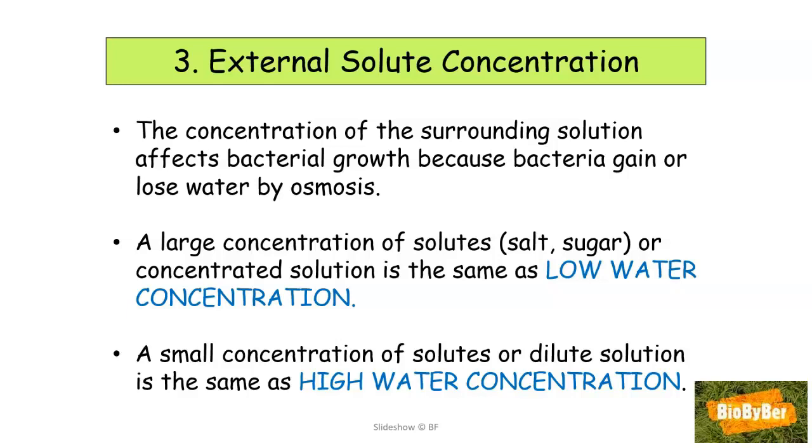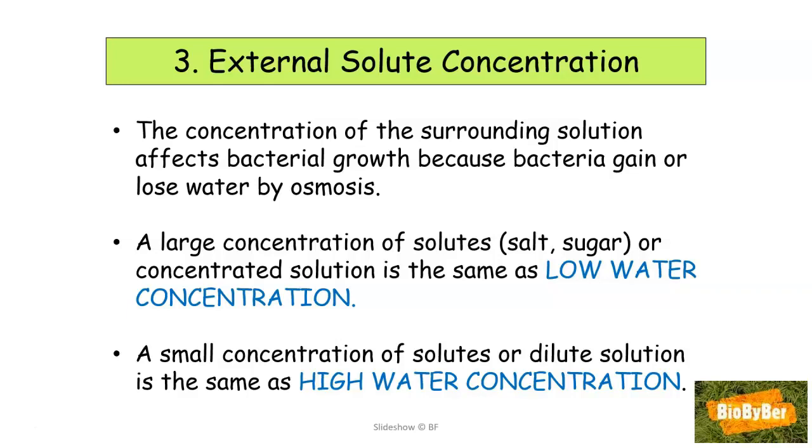Now, we need to be very clear here about our terminology. It is easy to mix up the vocabulary. We're going to stick with the idea of the definition of osmosis and focus on the concentration of water.